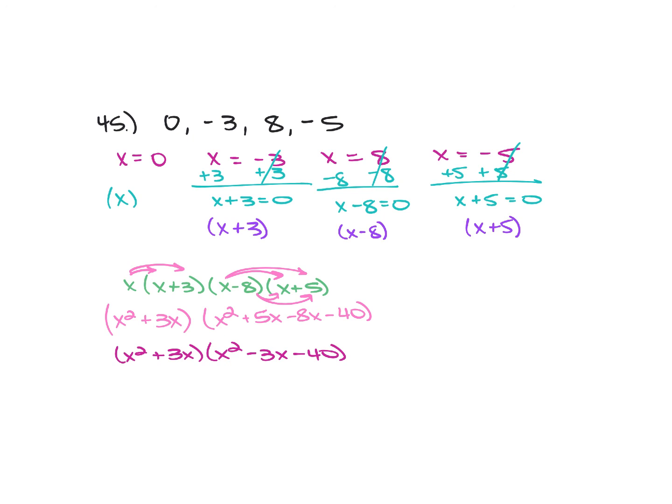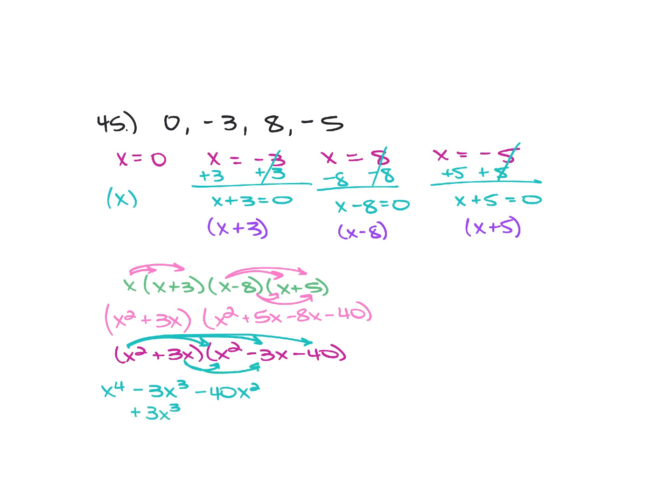From here, multiply this out. So you're going to do x squared times x squared, which is x to the 4th power. Then x squared times negative 3x is negative 3x cubed. X squared times negative 40 is negative 40x squared. 3x times x squared is 3x cubed.